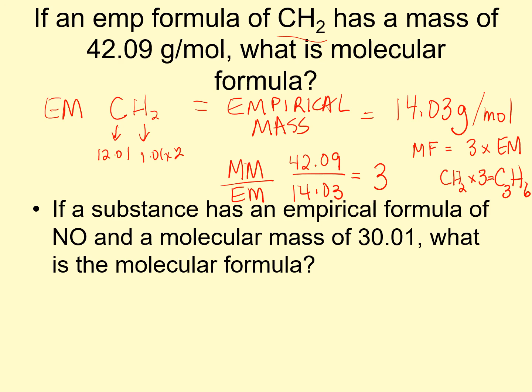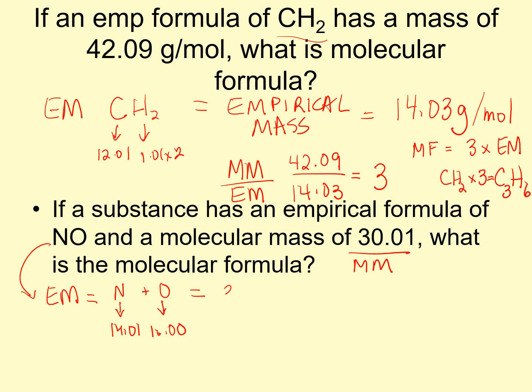Okay. All right, if the substance has an empirical formula of NO and a molecular mass of 30.1, what is the molecular formula? Okay, so this is molar mass. We need to find empirical mass. All right, empirical mass is nitrogen, 14.01, plus oxygen, 16.00.